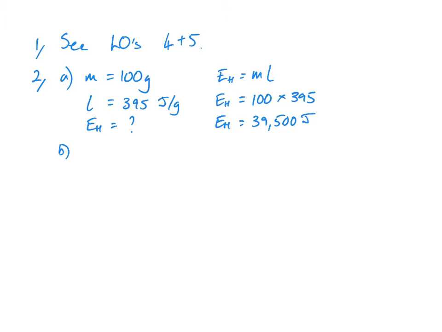Okay, and very similar for b, c and d as well. So in b we're told the mass is 200 grams. We go and get the change of state constant for iron melting, which is 267. And we've been asked Eh.